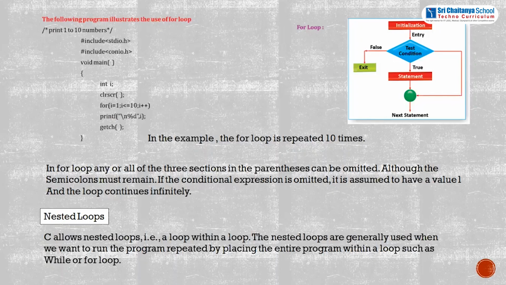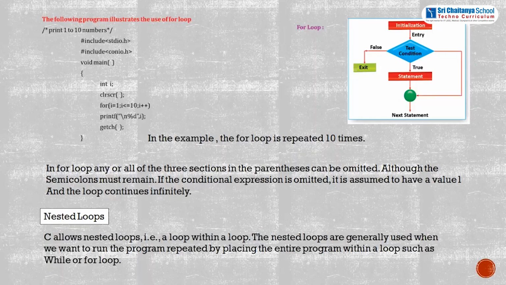So I'm including a simple for loop which has an initial value of 1, and the condition is that it has to print till 10, and after that my loop has to exit. Then I'll give i++. printf \n. Are you able to see what is a \n? The \n is nothing but the new line character.